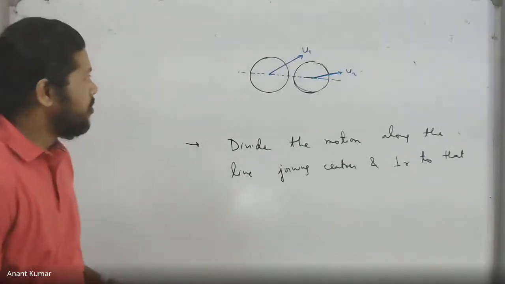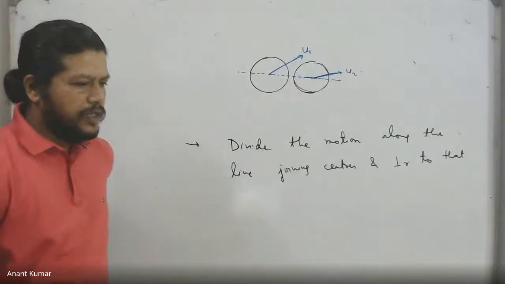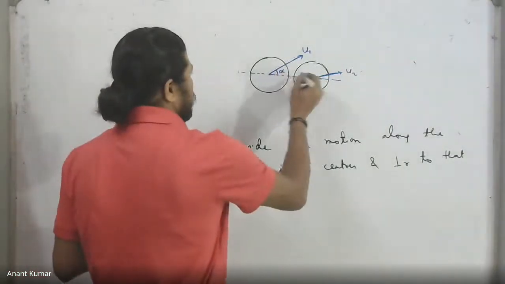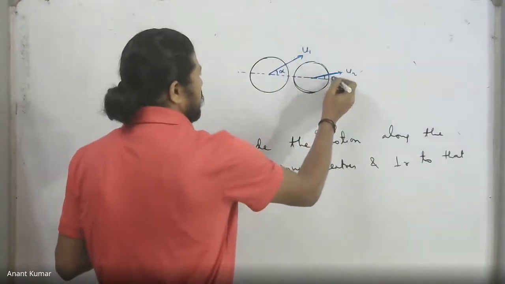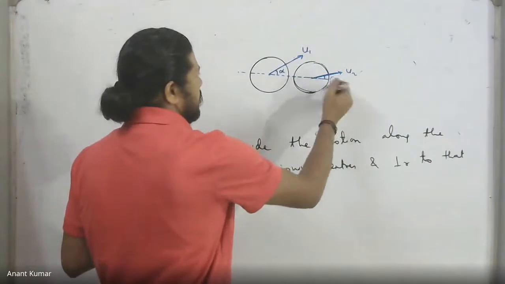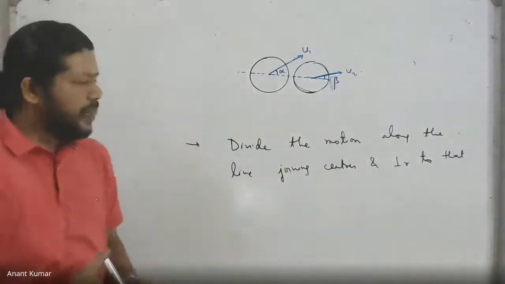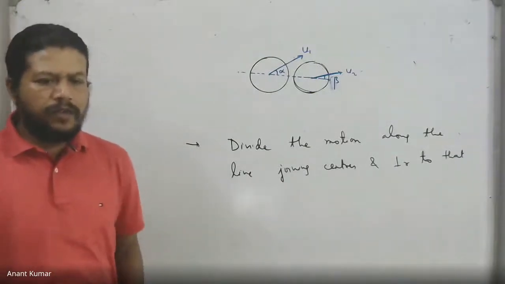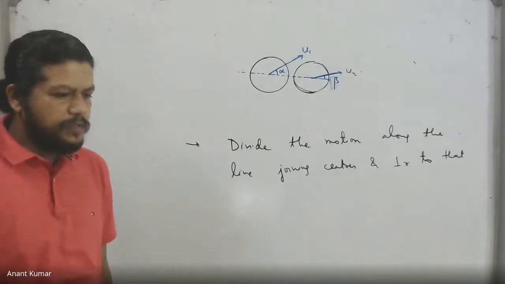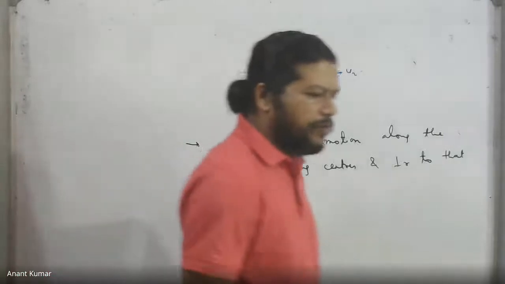Before the impact, they were moving like this. Let us say this angle is alpha, that is beta, with respect to the line joining the centers. After the impact, the velocities become v1, v2, and the corresponding angles with respect to the line joining the centers can be taken as alpha prime and beta prime.